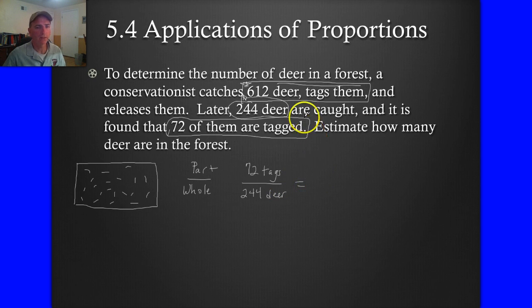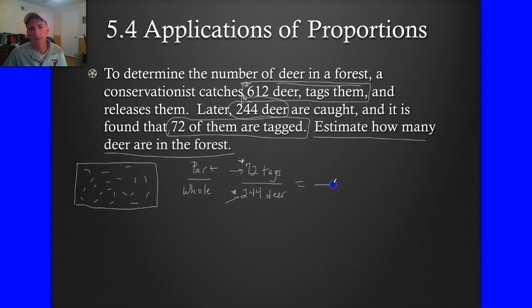If we go back to the beginning, what they're trying to do is estimate the population of the forest. Now, it's not going to be exact, but they think they can get a close idea of how many deer there could be. So they found that out of 244 deer, 72 have tags.